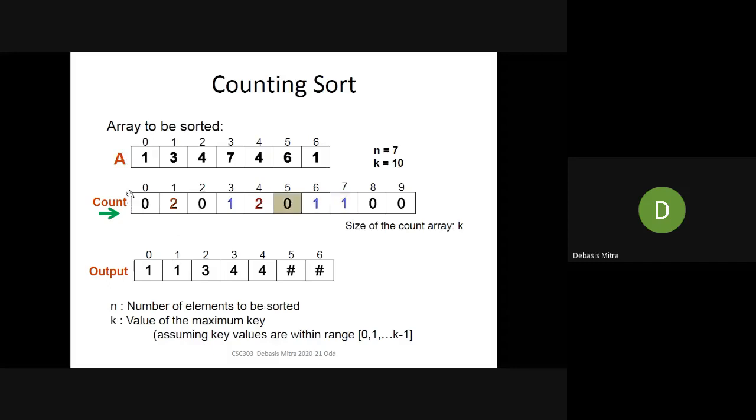Because once we have made the first part and constructed this count array, the content of this original array may be irrelevant. We have already taken into account how many threes are there, how many twos are there. So instead of using a separate array, we can override this original array in order to save space.